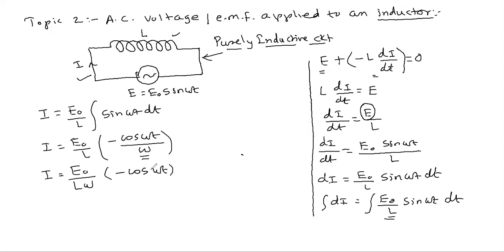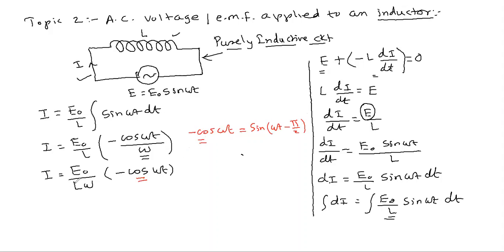Now, minus cos of omega t is equal to sine of omega t minus pi by 2. I think you know this formula, so I am using it now.